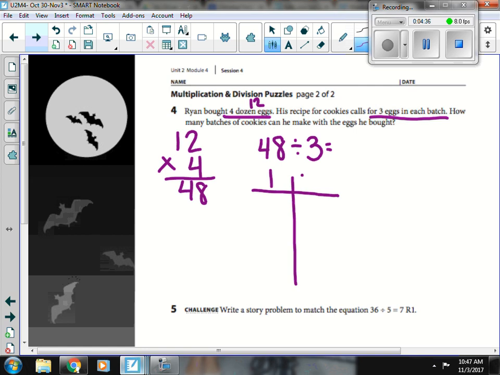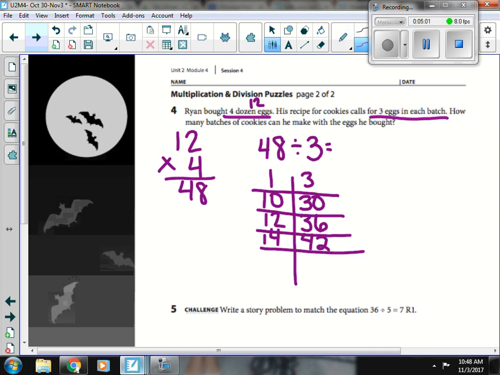So 1 times 3 is 3, so I'm going to use those extended facts. So 10 times 3 is 30, which means I'm going to count by maybe 12 times 3 is 36. So then 14 times 3 is 42.